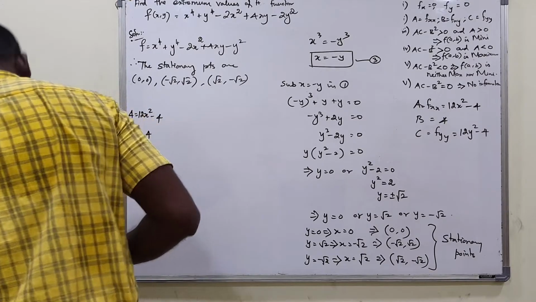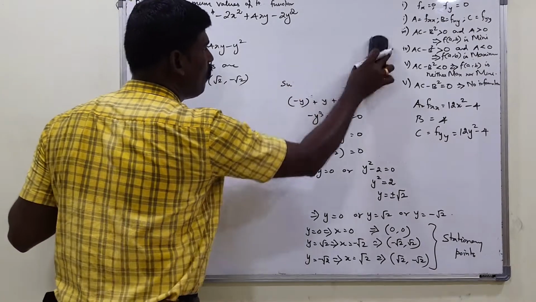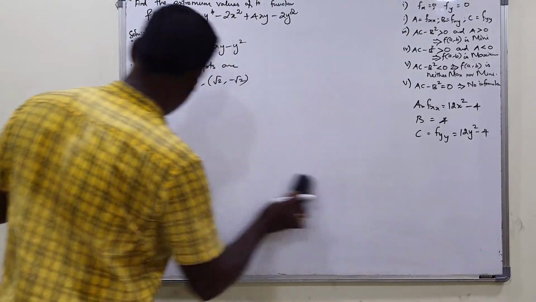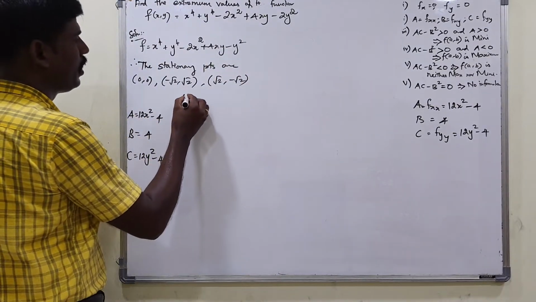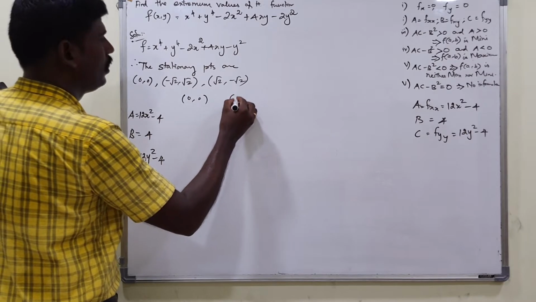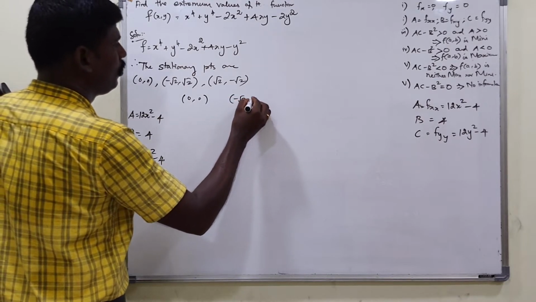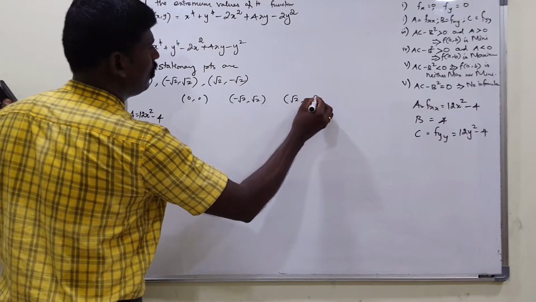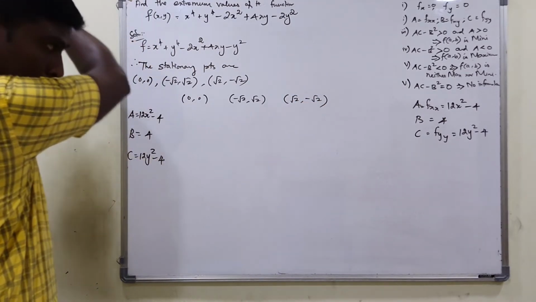So, now I am going to find out the value of A, B, C and AC minus B square among these 3 points. Okay. So what are the points? (0, 0) and then (minus root 2, root 2) and then (root 2, minus root 2). Isn't it? Right.